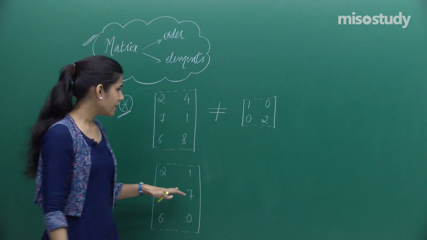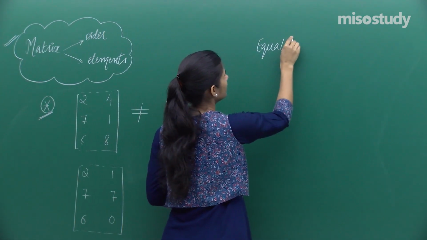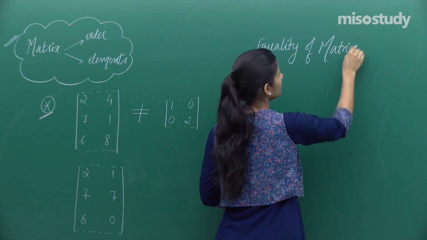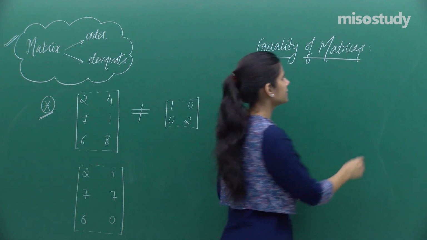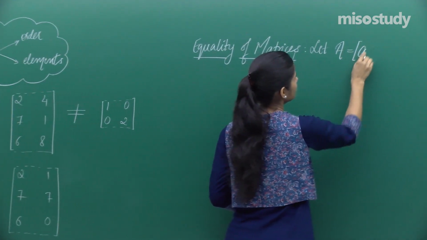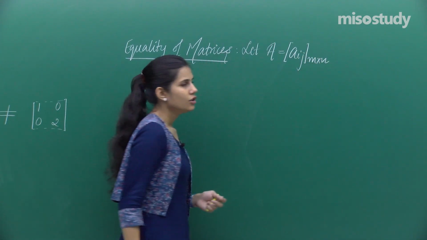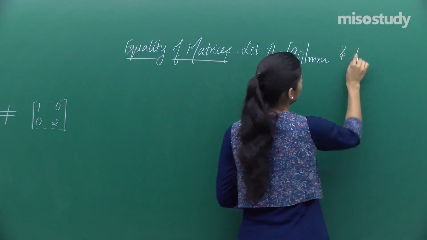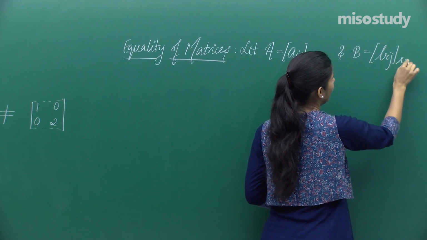Is it understood? So, the very first concept related to equality of matrices is what? When I talk about two matrices being equal, under the head equality of matrices, we say that let A be a matrix of order m cross n. So, A is [aij] m cross n. So, A has m rows and n columns, and let B be a matrix of order r cross s.